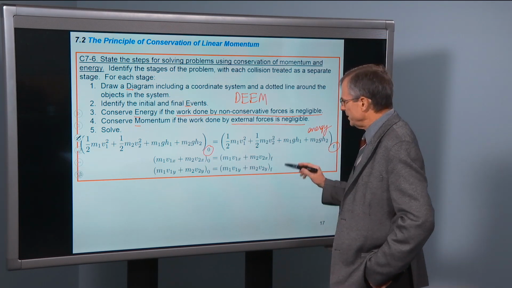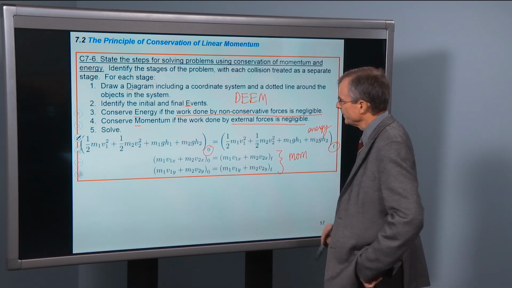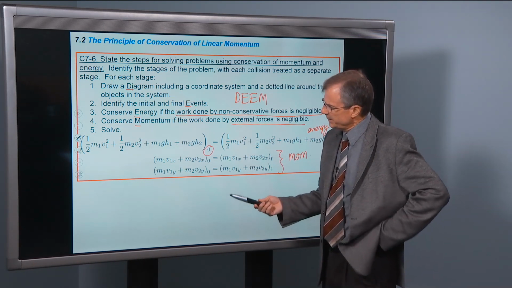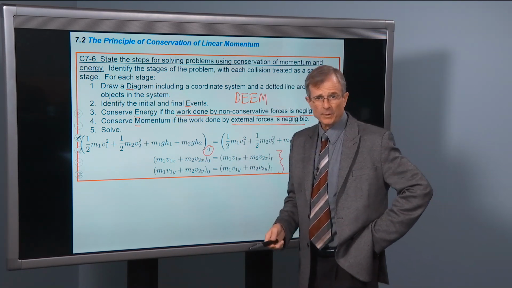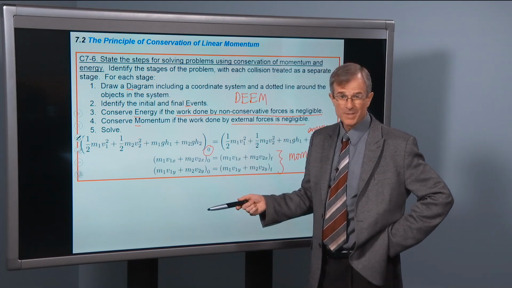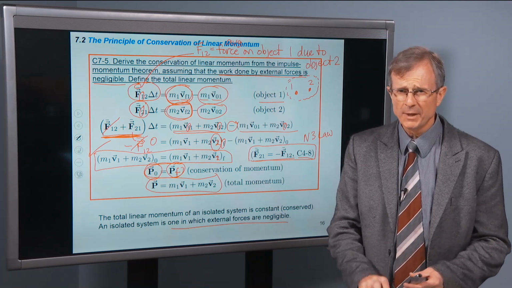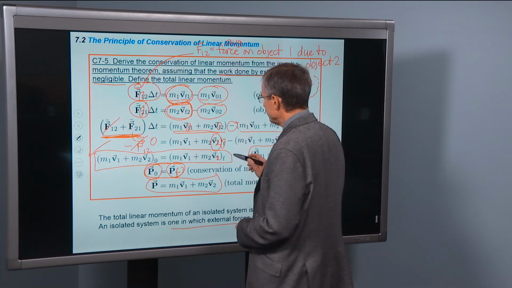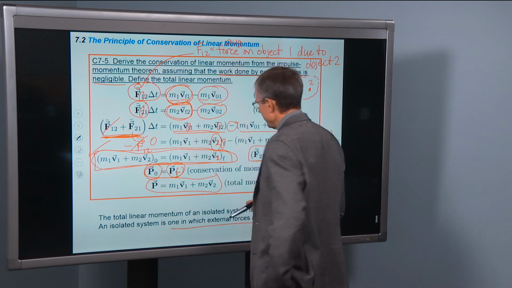These are statements of conservation of momentum. And these look a lot like the conservation of momentum statement that we had before, but now we've written them as component equations. Just to remind you, here's the vector statement of conservation of momentum.